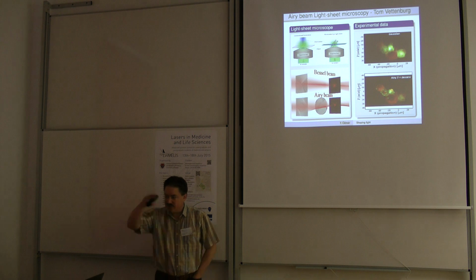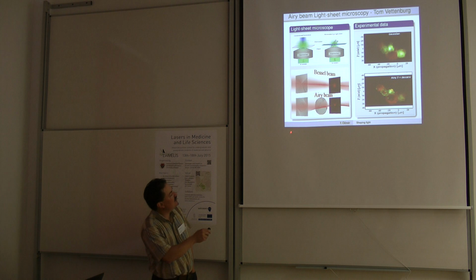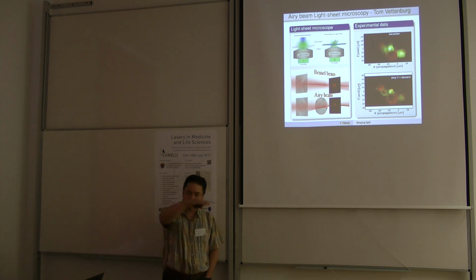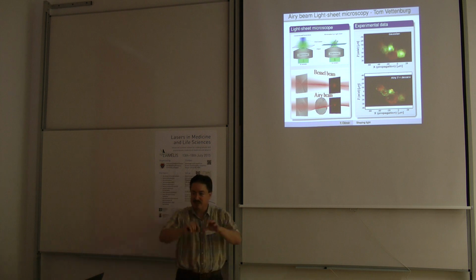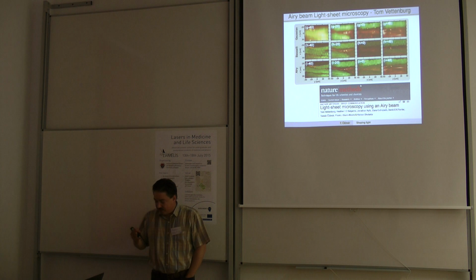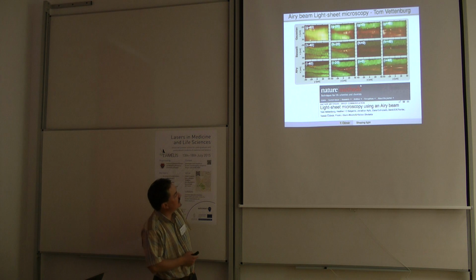But it turns out that the surrounding rings are actually quite annoying. And Tom Vettenburg came up with the idea of using another kind of non-diffracting beam, but this time curved. It's called the Airy beam. The Airy beam is like a banana. And if you use this in combination with deconvolution, you can actually increase the field of view by an order of magnitude. Very nice study, published last year in Nature Methods.